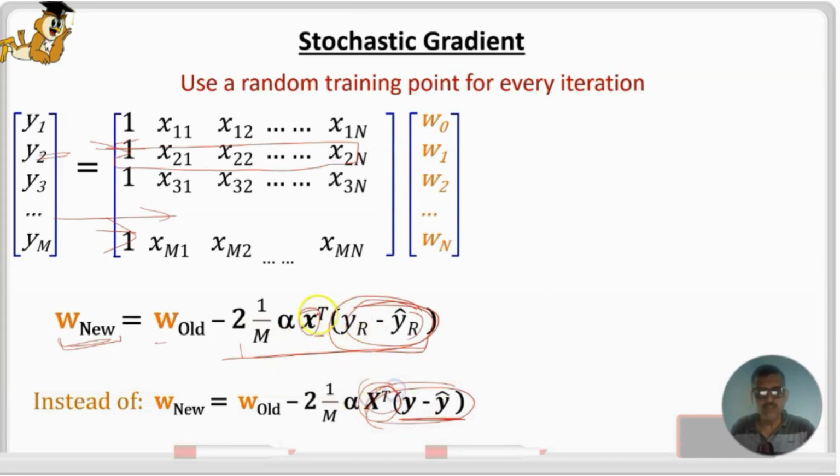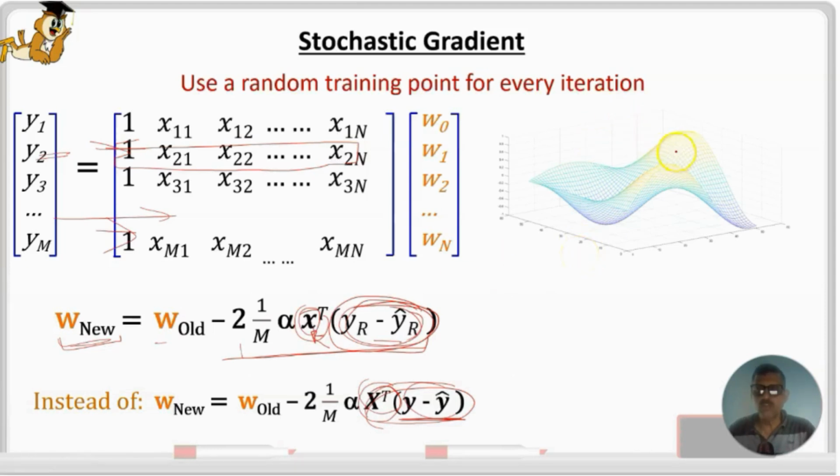This matrix reduces to a vector and this vector reduces to a scalar. So you are just multiplying a scalar with a vector. I suppose we should put an R over here to indicate that it's the random X used, right? So this is what the stochastic gradient was.